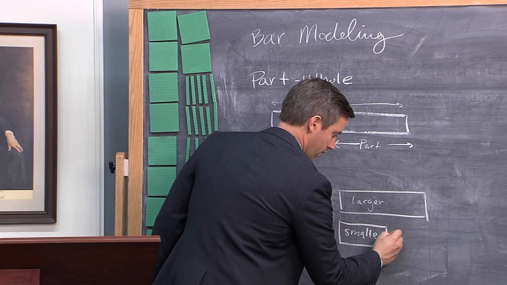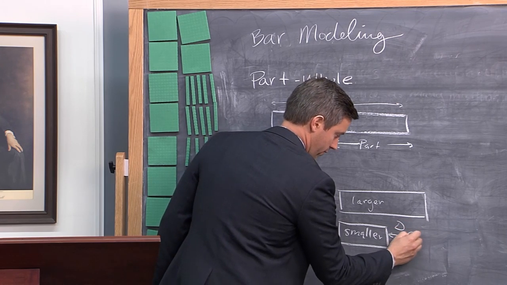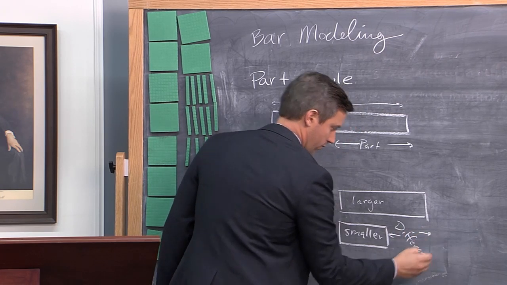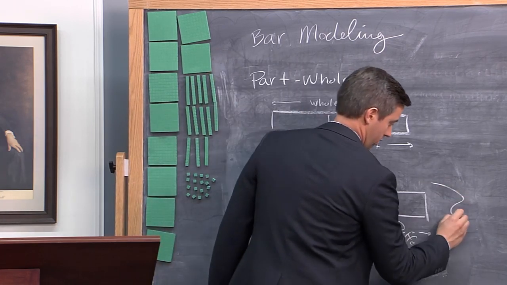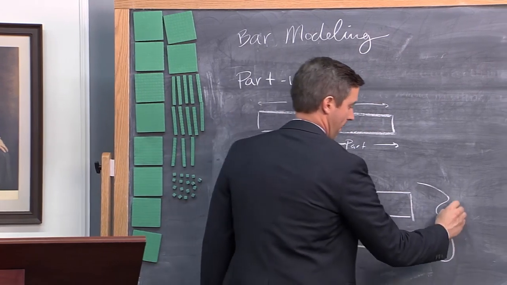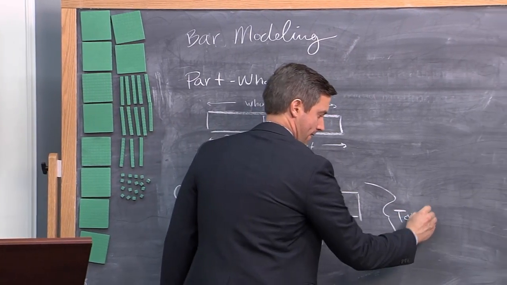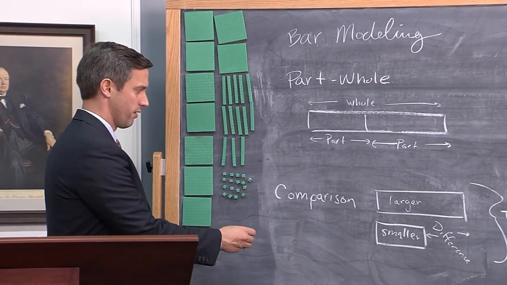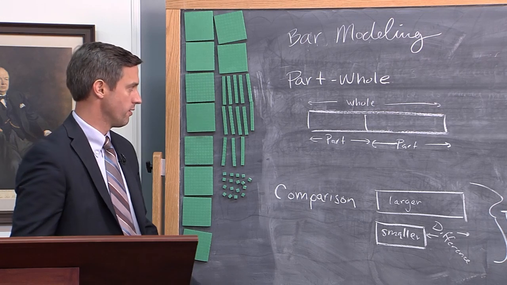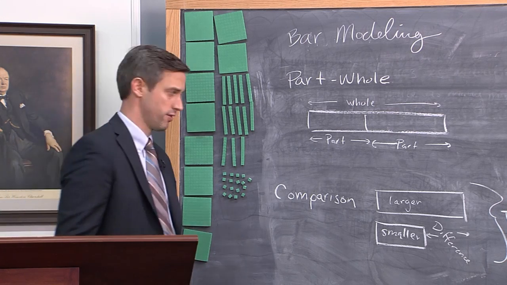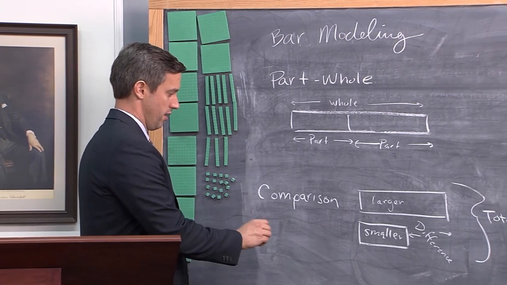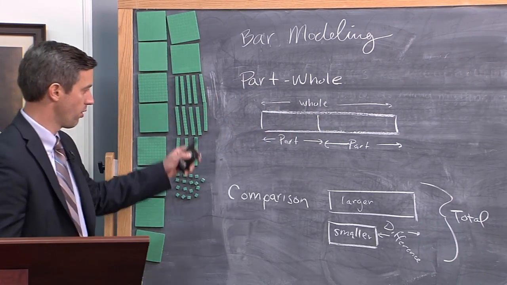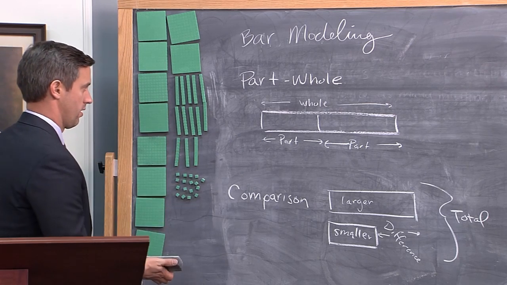And then you have the difference between them, and your total bracket. Okay, so those are the two types of models. I recommend for the remainder of the video that you take a second to write those down in your notes and reference them as we continue to do some of these problems. So we have the part-whole and the comparison.